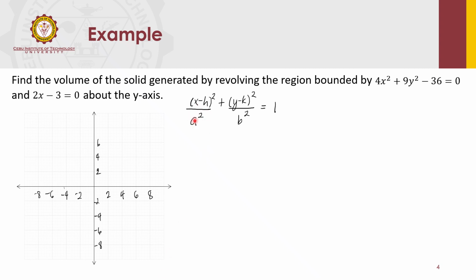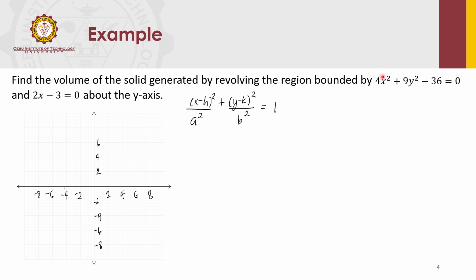a is half of the length of the major axis, and b is half of the length of the minor axis: semi-major axis for a and semi-minor axis for b. The numerator should have 1 only as the multiplier for these two expressions, so we divide by a common number, and the remaining constant on the right side should be equal to 1.